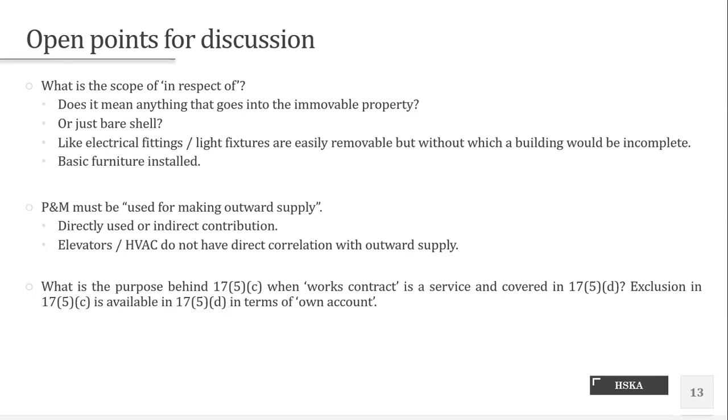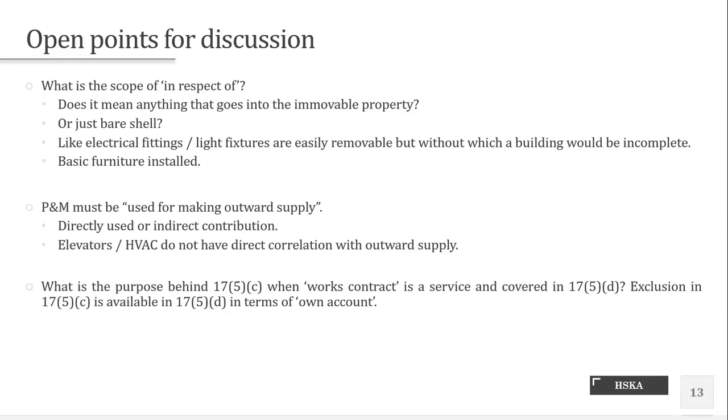So basically, I was trying to say that if we go on the principle that construction is just the bare shell, the bare construction of the civil structure, or if we go on the principle that construction includes everything, then elevators are naturally included in my building part. However, can we say that elevators and HVAC form a part of a separate plant and machinery, which I am constructing at the site of the building?